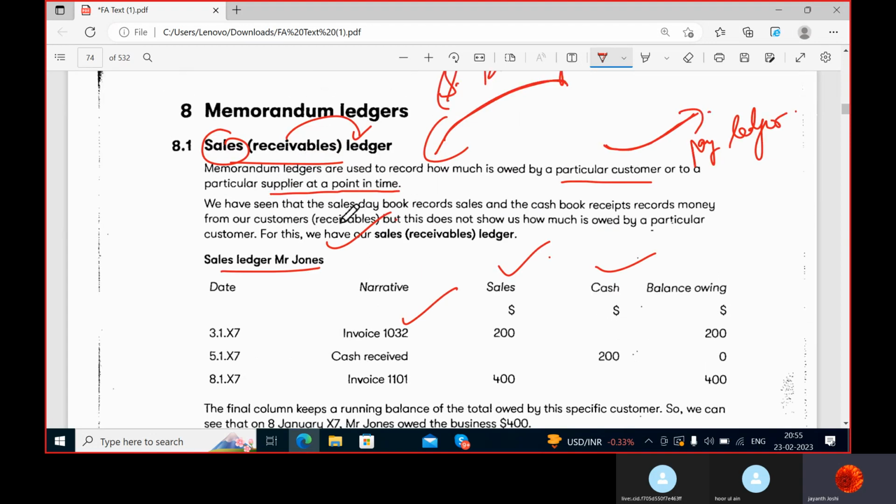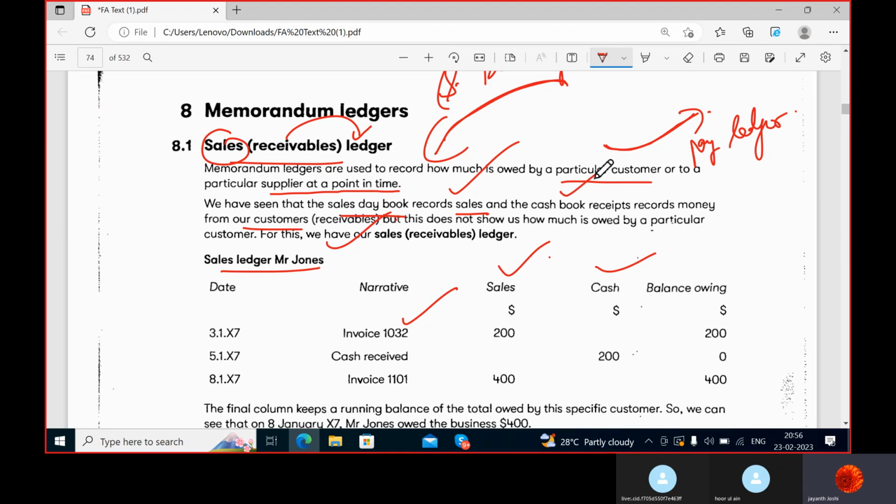We have seen that the sales day book records sales and the cash book receipts record money from our customers. When we made a sales day book, we used to record all the credit sales. And in the cash book, whenever we received money from our receivables, we recorded it on the receipt side.